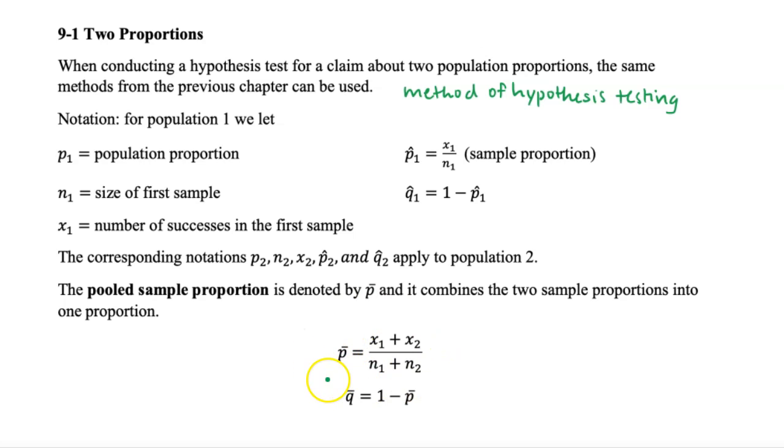And if we pool this sample proportion, then we can use this p, denoted p bar. And what we're doing is adding together the successes and dividing by the total sample size. So this is kind of like a weighted sample proportion. And our q bar just comes from 1 minus p bar.